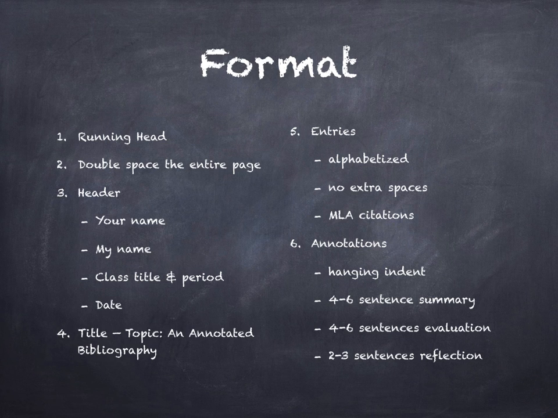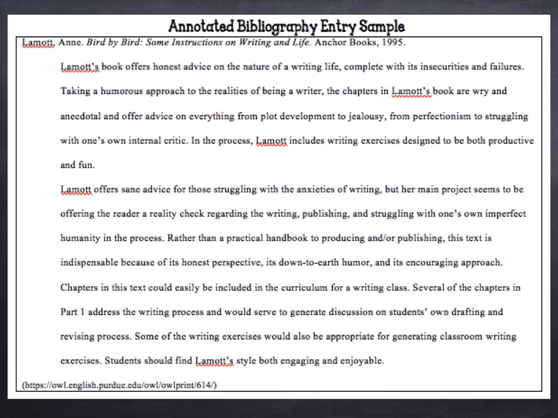Let's look at an example of an annotated bibliography entry. In this particular example, the writer, which I took from Purdue OWL, is looking at Bird by Bird by Anne Lamott. So we start with the title of the work in the MLA format. So author, period, title, period, publisher, comma, date, period.